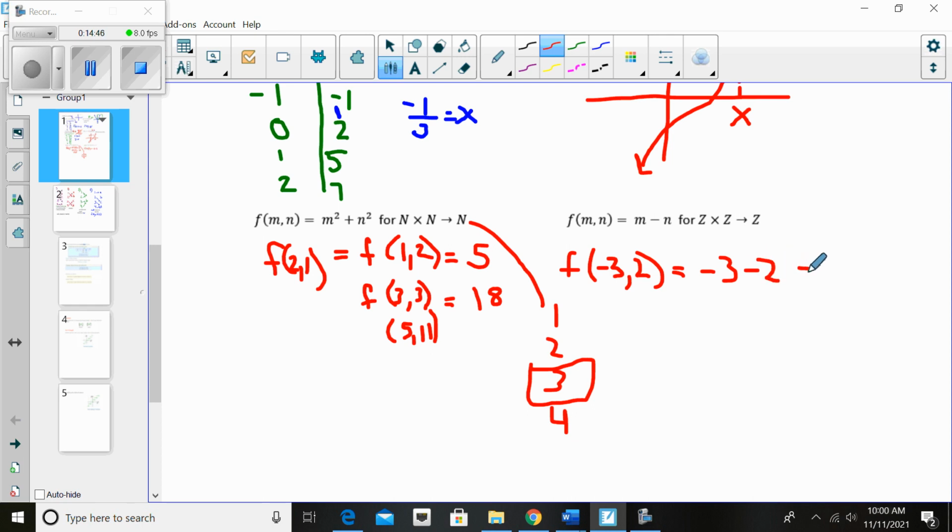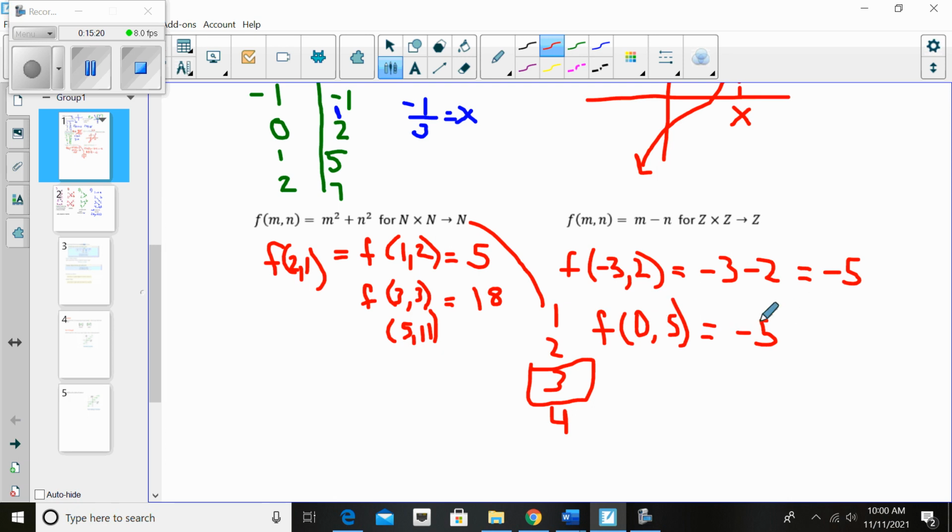Is there another way that I could get -5? Certainly, if I plug in (0, 5), then I'm also going to get -5. Obviously it's not 1-to-1, because I just got -5 using 2 different inputs.